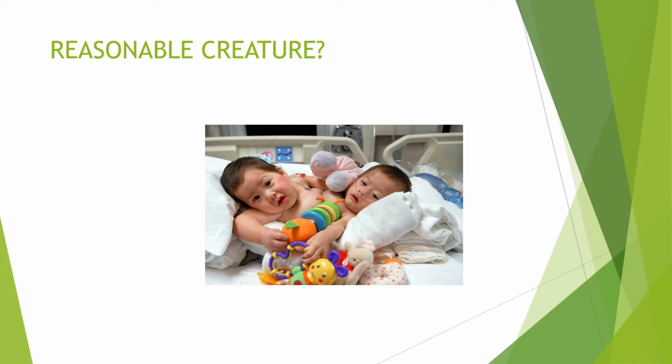So if a child was born who was very badly physically or mentally disabled, not that you'd be able to tell if they were mentally disabled, if they were very malformed at birth, then the doctors, the parents, whatever, would consider that this wasn't a reasonable creature. It was a monstrous birth, and therefore if this child died, or was allowed to die, or even was actively killed, then it wasn't murder because they weren't a human being.